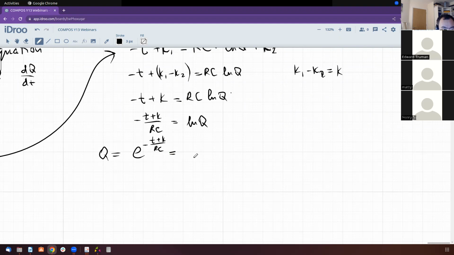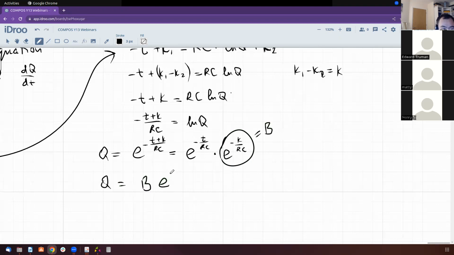Well, we can write this as e to the power minus t over RC multiplied by e to the power minus k over RC. And because this is a constant, we can just name it, let's say b. Q equals b multiplied by e to the minus t over RC.